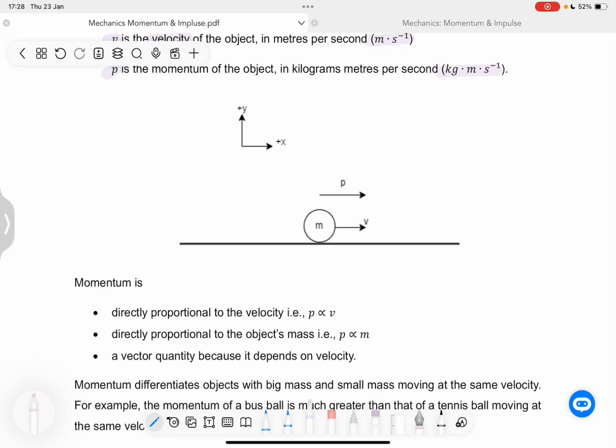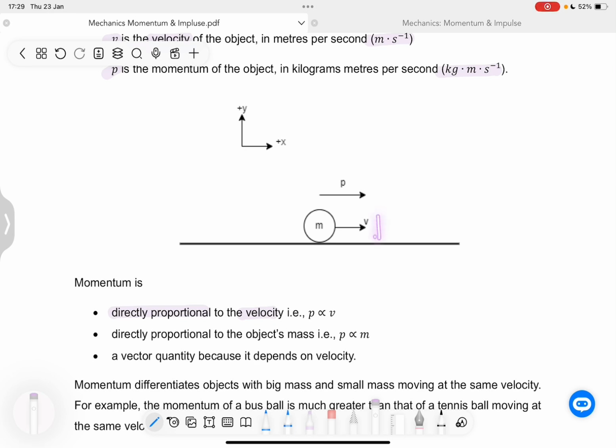From the formula of momentum, we see that momentum is directly proportional to the velocity. In other words, if the velocity of the object increases, the momentum will also increase.